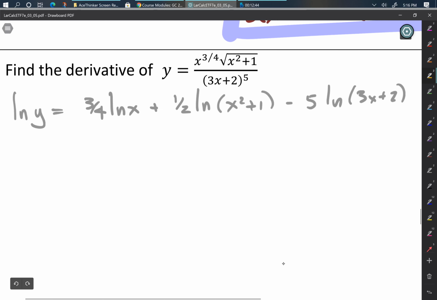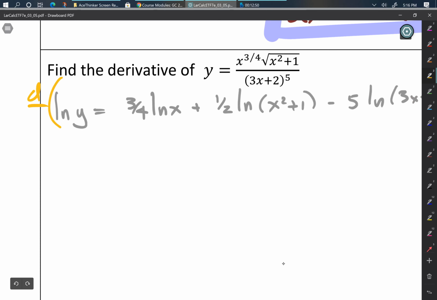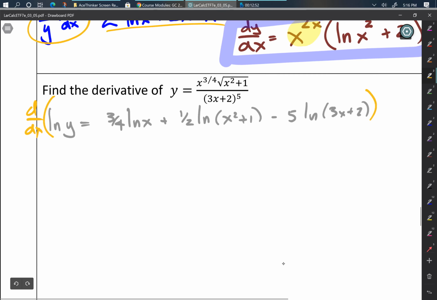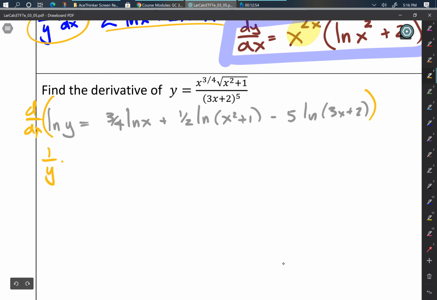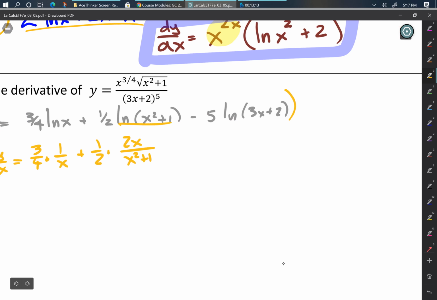And now when I differentiate this with respect to x, I get 1 over y times dy/dx, because of the chain rule of implicit differentiation on the left, is equal to 3/4 times 1 over x, plus 1/2 times 2x over x squared plus 1, chain rule on the natural log of x squared plus 1, minus 5 times 3 over 3x plus 2.